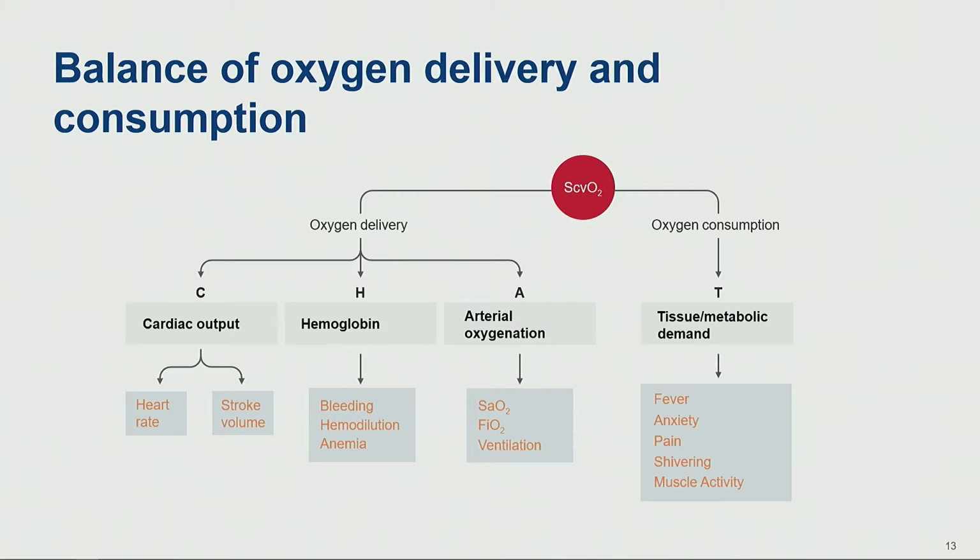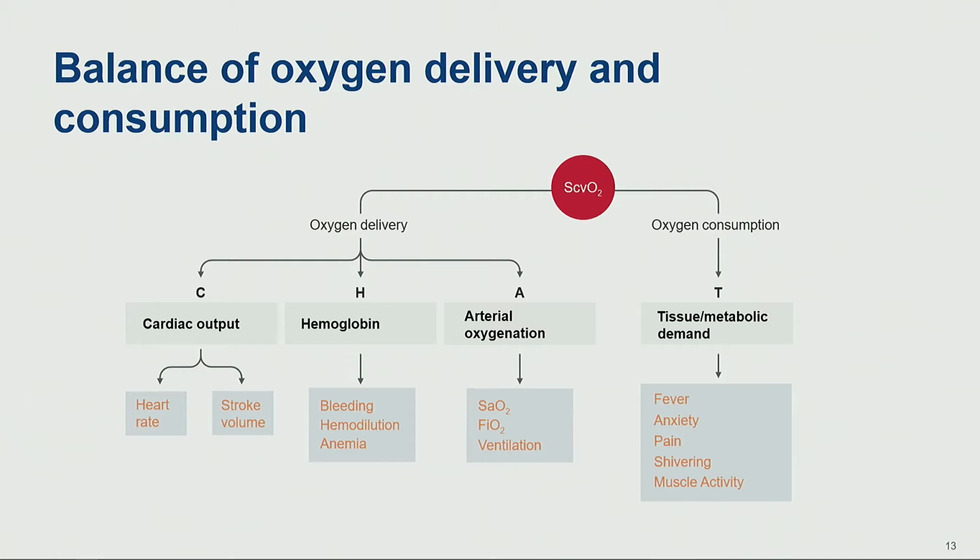You all know this. I don't need to introduce this. This is taught to us very early during our training. There is a balance between oxygen delivery and consumption, delivery being the cardiac output, hemoglobin, and arterial oxygenation, and oxygen consumption being things like fever, sepsis, anxiety, pain, muscle activity, and so on and so forth.